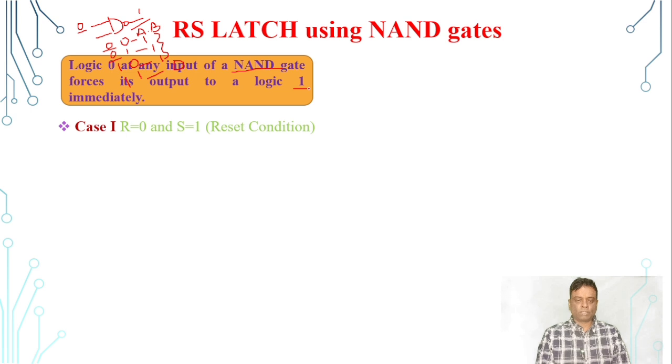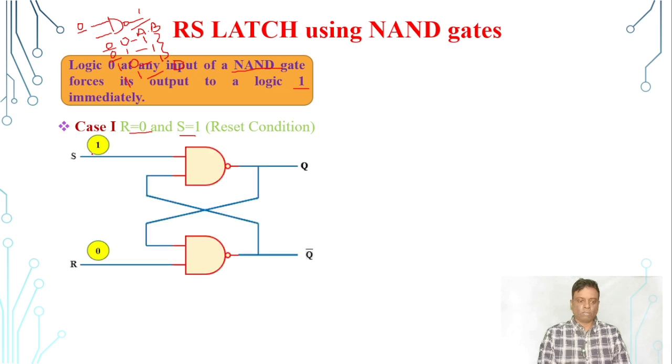So this is our case 1, when R is 0 and S equal to 1. We will apply it in this RS latch. S value is 1 and R value is 0.